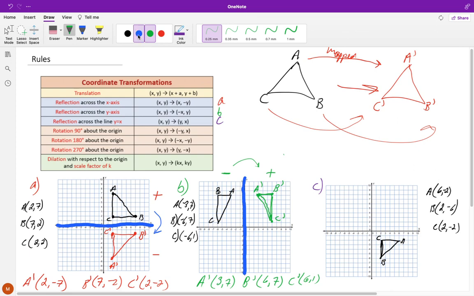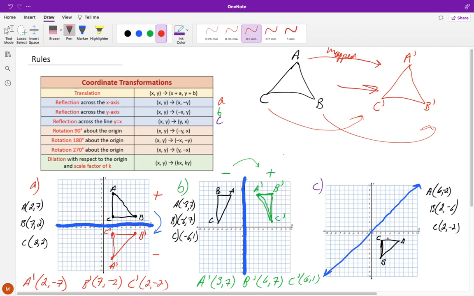All right, now this last one, it says across the line y is equal to x. So y is equal to x is a line where we have a slope of 1 and passes through our origin of 0, 0. So this is what our y is equal to x graph looks like. So we're reflecting it across there.